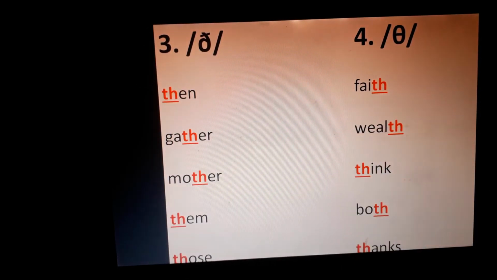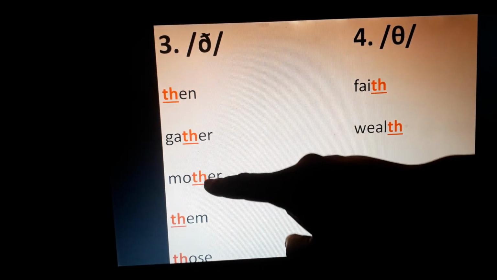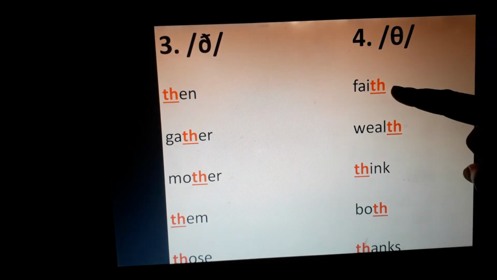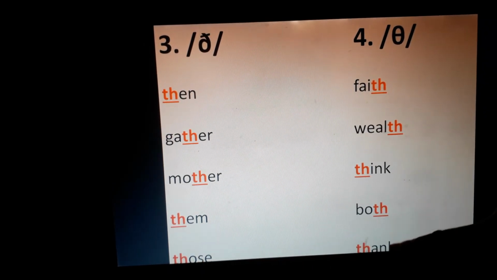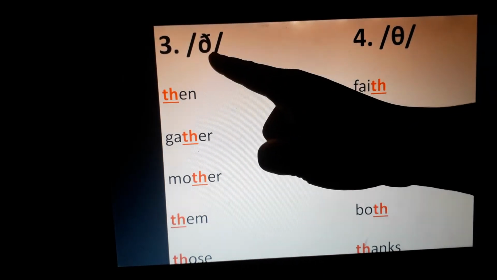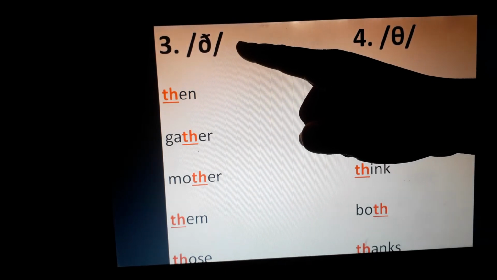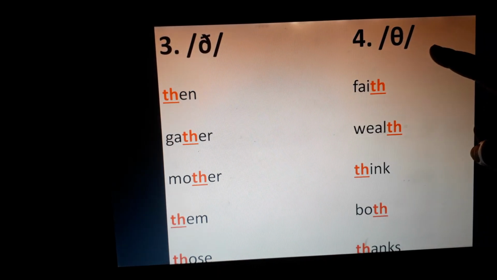Let's move on. Number 3, the. Number 4, th. Can you notice that we have th in both? What it means is that these two sounds always carry the th. While number 3 sounds tough, number 4 is mild.